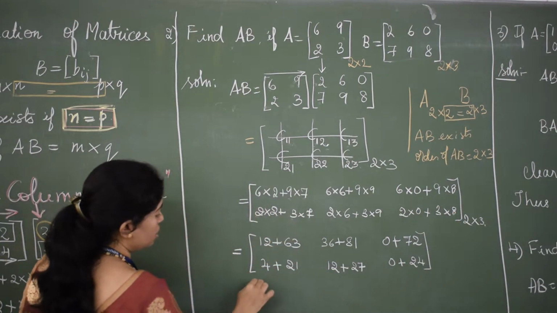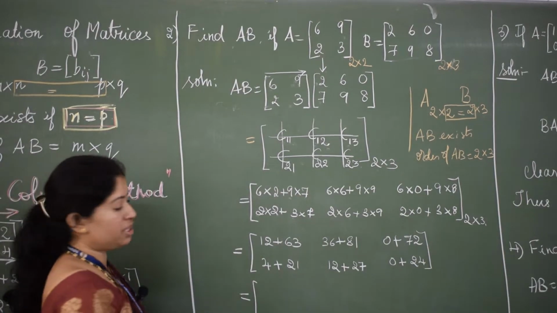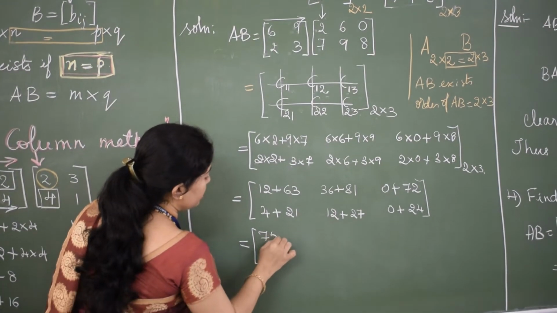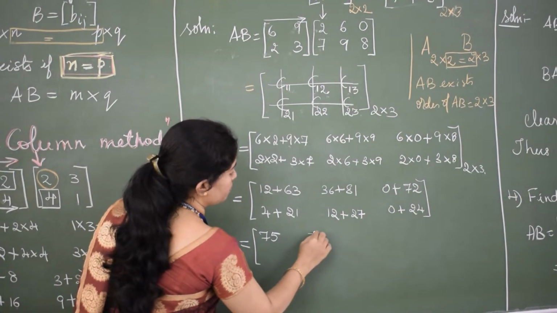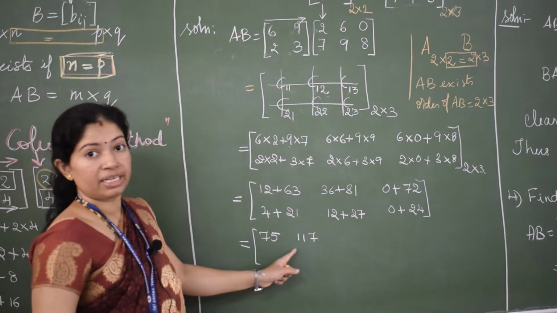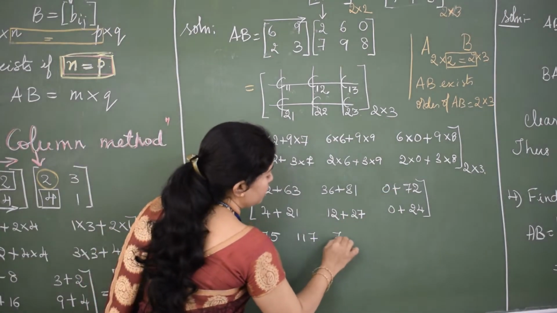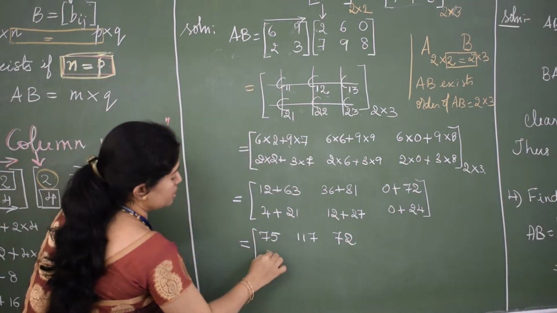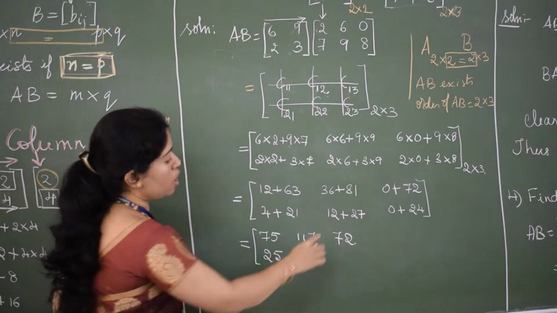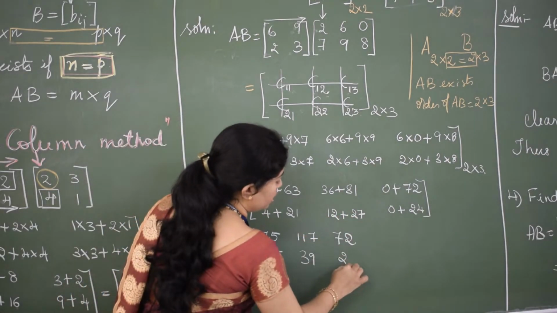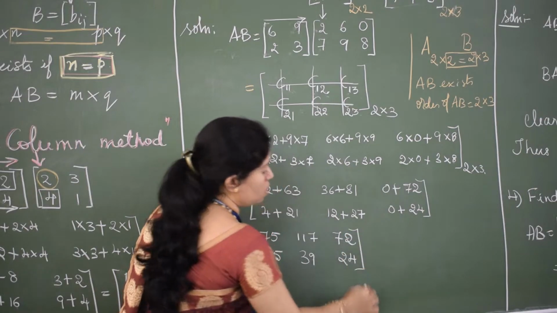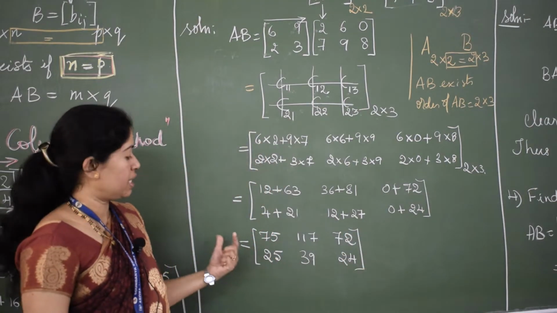Simplify further. 12 plus 63 is 75. 36 plus 81 is 117. 0 plus 72 is 72. 4 plus 21 is 25. 12 plus 27 is 39. 0 plus 24 is 24. So we got our product AB.